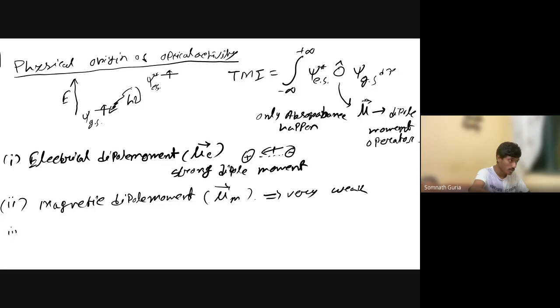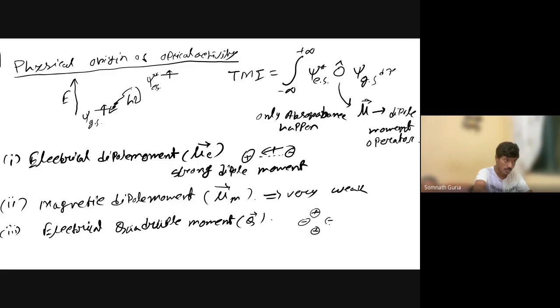Now the third one is the electrical quadrupole moment, which is denoted by Q. It looks like this: we have the same charges at opposite positions, four charges over here, connected this way.